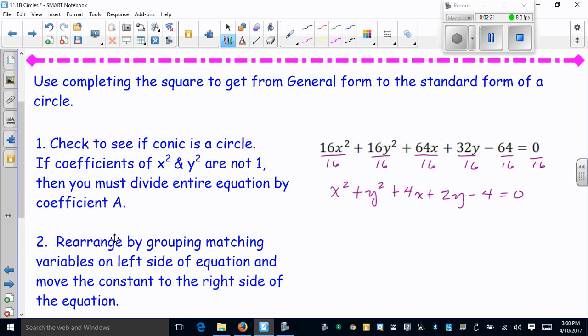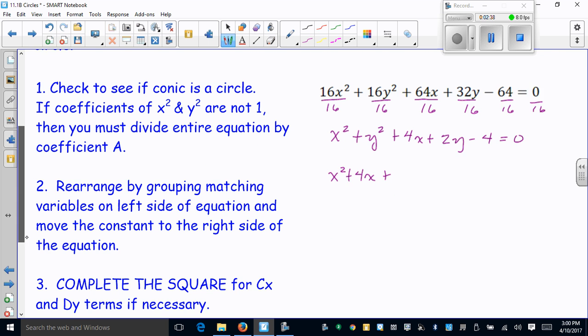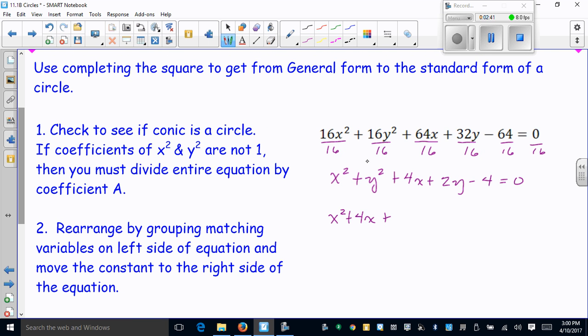So I have x squared plus 4x plus some number, this is going to be how we complete the square, plus y squared plus 2y plus some number is going to equal 4. I had to move the 4 to this side, so add 4, add 4.